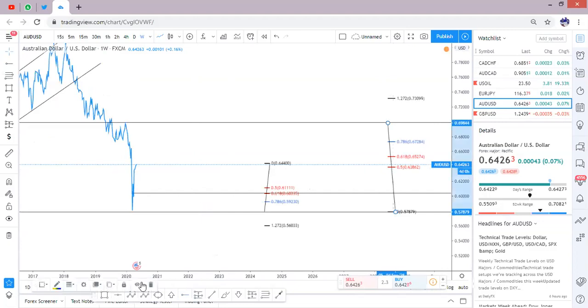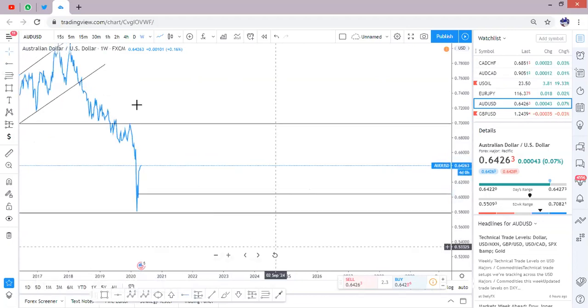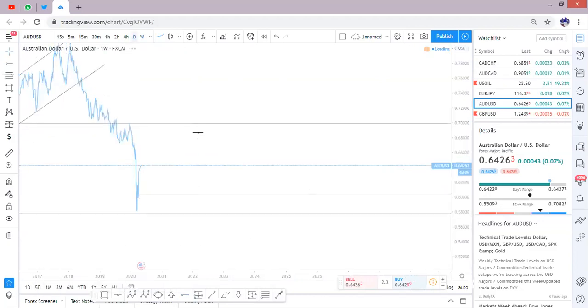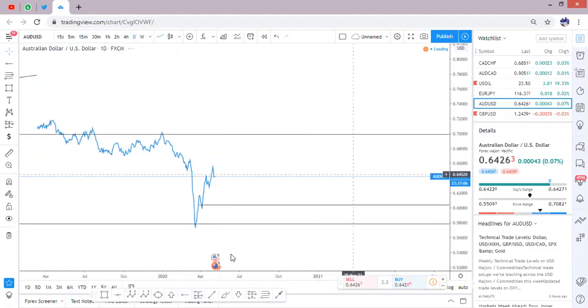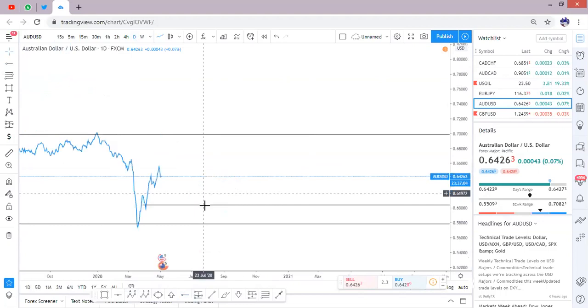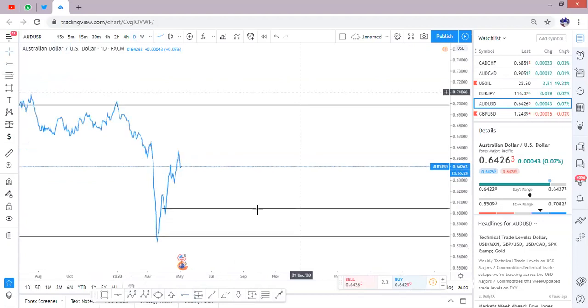Then I'm going down to the daily. You can see this is a key area. Price is currently dropping. So as I said, I'm going to put my fib in again.